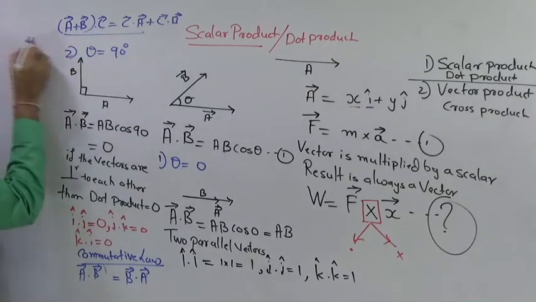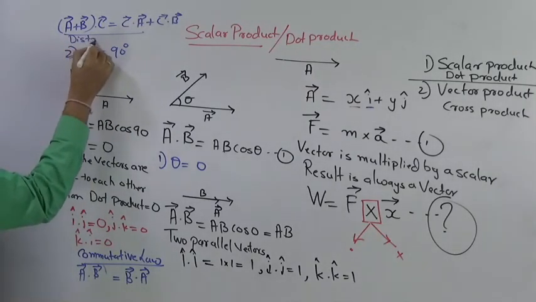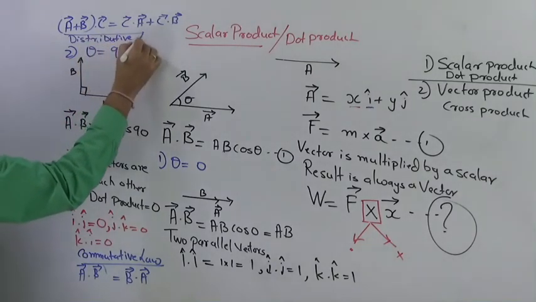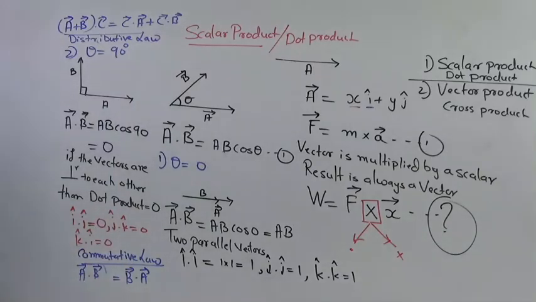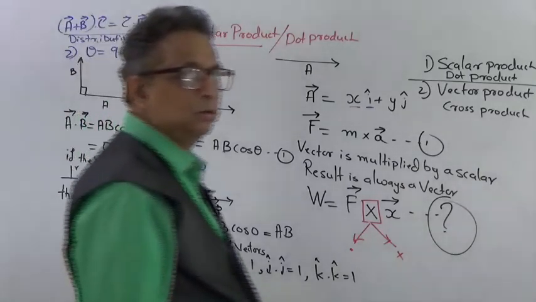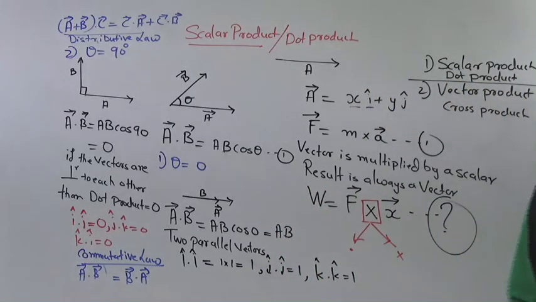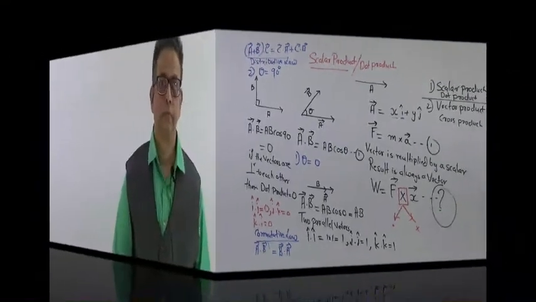I will just write over here: distributive law. So this is your distributive law for these vectors, right? So this is where we are looking at the scalar product of two vectors. This is our basic equation. Please note this down, and then we will go to the next session, that is scalar product of two full-fledged vectors.